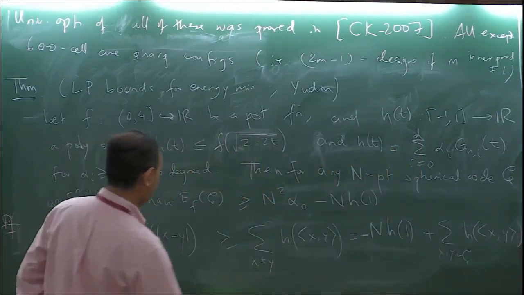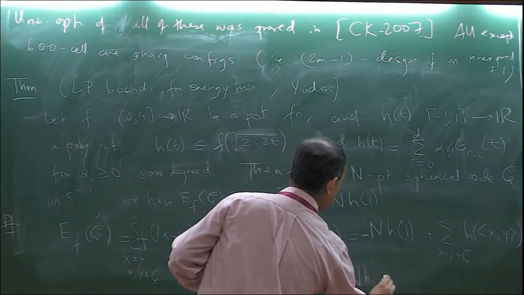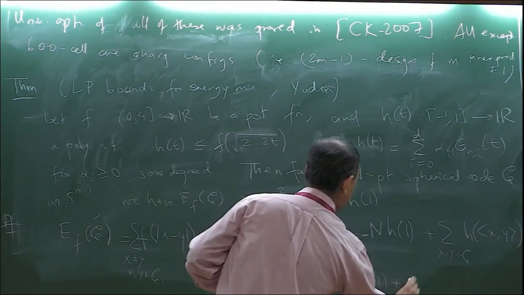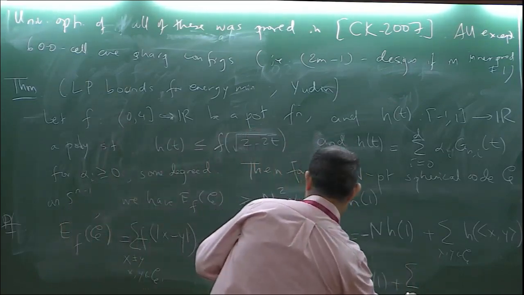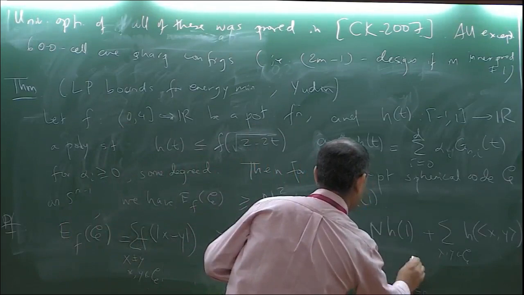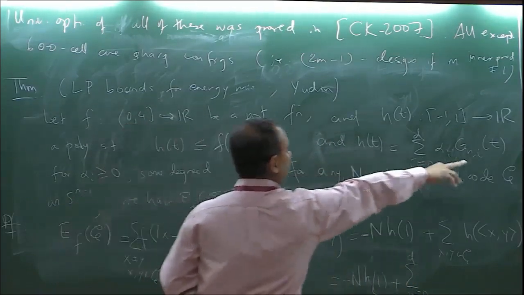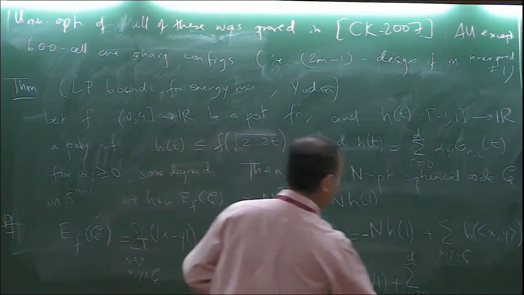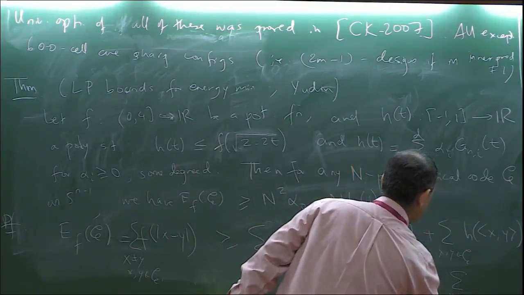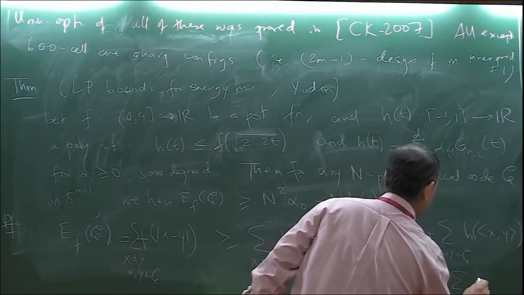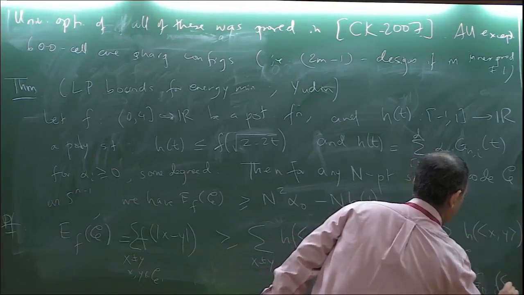Okay, so far so good. And so this is equal to minus n h of 1 plus the sum over i from 0 to d. I'm going to switch the order of summation, plugging in what h is in terms of these. So i goes from 0 to d, alpha i, and then the sum over x, y in C of g_i of x, y.